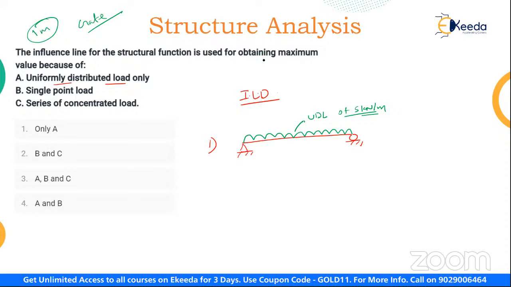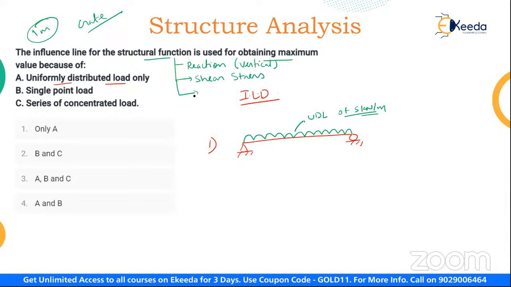So we have to obtain the maximum value of a structural function. This structural function can be of three types. First one is vertical reaction. Second one is shear stress.